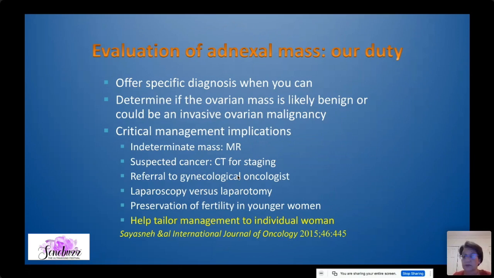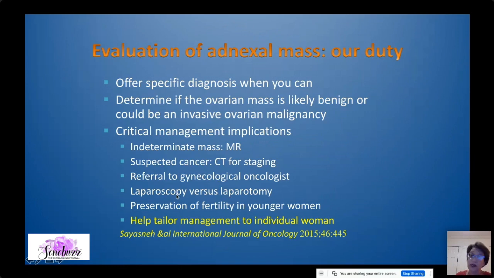If you suspected an ovarian cancer on ultrasound, they can go directly to CT for staging. Also, whether the patient should be referred to a gynecological oncologist if you're suspecting an ovarian cancer, and whether you can do laparoscopy versus laparotomy. So if you think it's a fibroma, laparoscopy is probably okay.